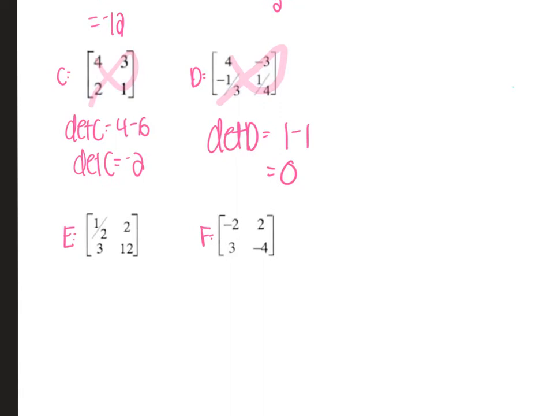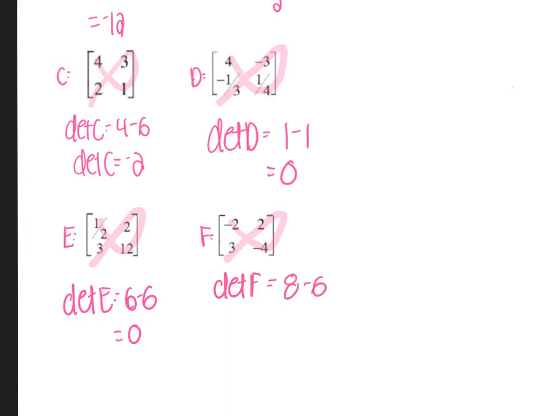Here on the bottom one, 1/2 times 12 is 6, 2 times 3 is 6, so my determinant of E is going to be 6 minus 6, which is 0. Then I want to find my determinant of F, so I do negative 2 times negative 4 minus 2 times 3, so that is a positive 8 minus 6, which is a 2.